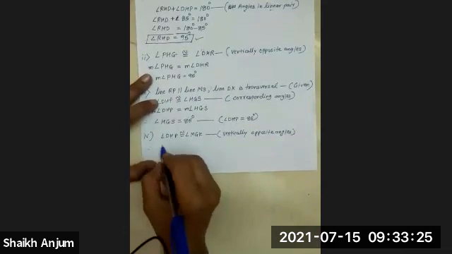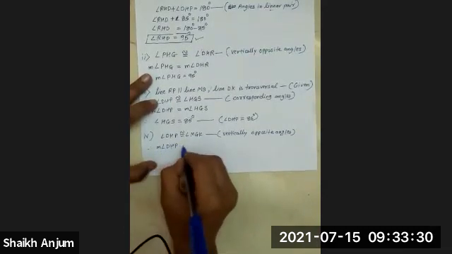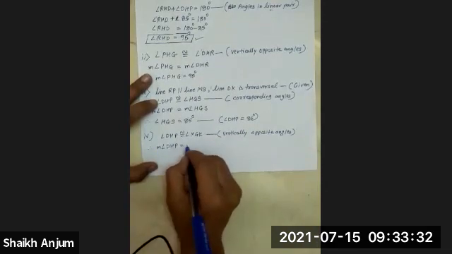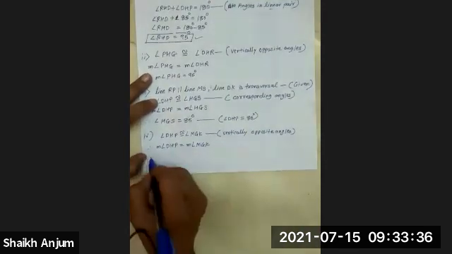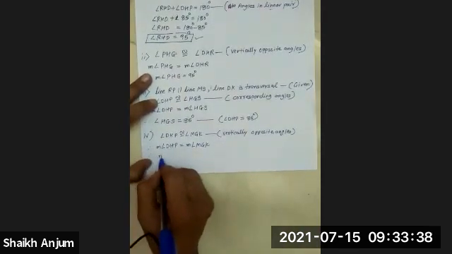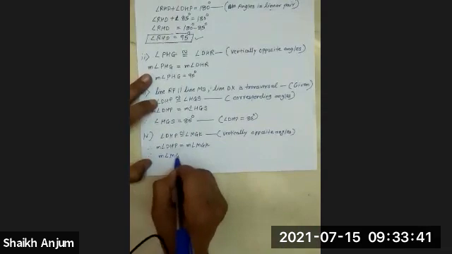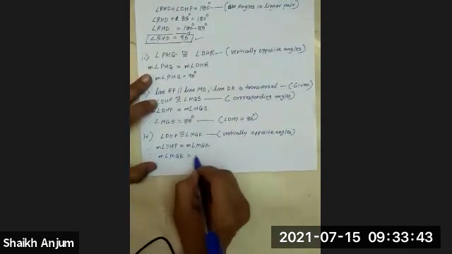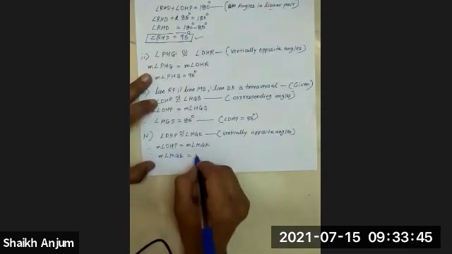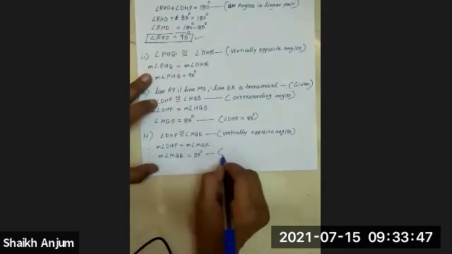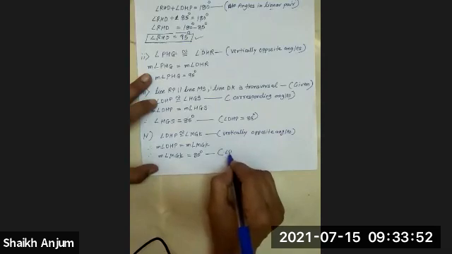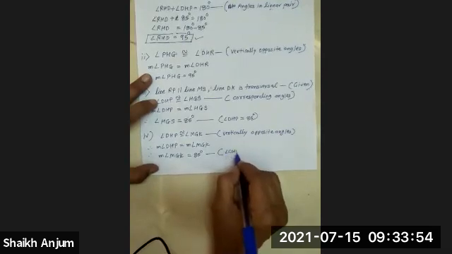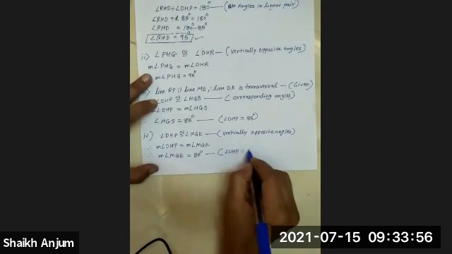Therefore, measurement of angle DHP is equal to measurement of angle MGK. Therefore, measurement of angle MGK is also 85 degrees because angle DHP is given 85.